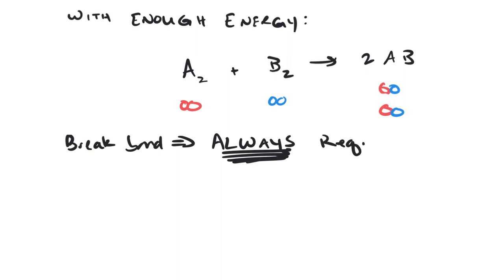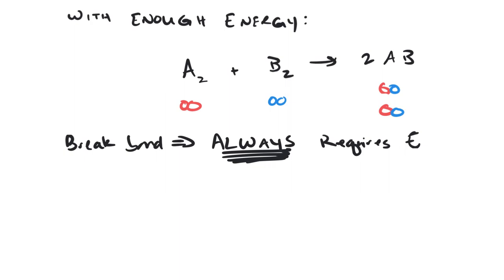If I'm going to break a bond, I have to put energy into the system in order for that bond to break, because otherwise the bond wouldn't form in the first place. Remember, bonds form because they're in a lower energy state when they're bonded together than they are when they're separate. So in order to break that interaction, I have to put energy into the system.